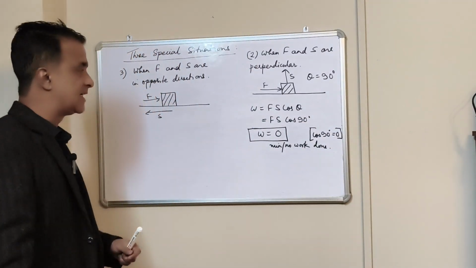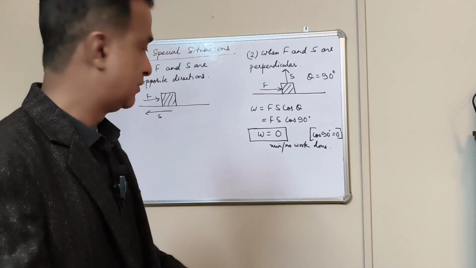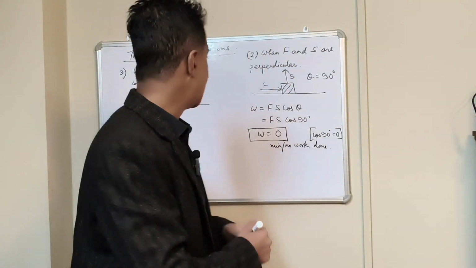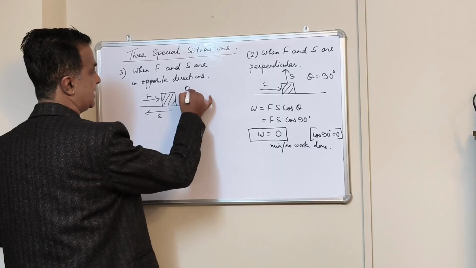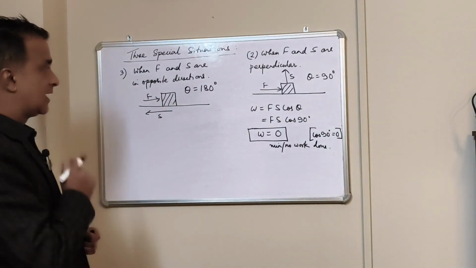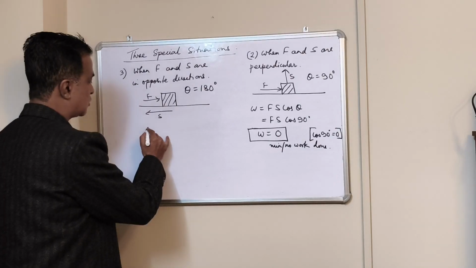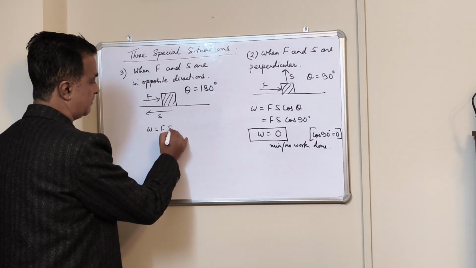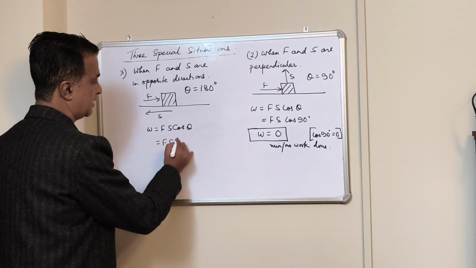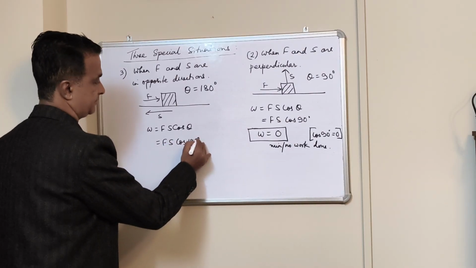Now, since force and displacement are in opposite direction, the angle between them becomes 180 degrees. So in this case, theta is equal to 180 degrees. Now let's see how much work has been done. According to the general expression, W is equal to Fs cos theta. So here it becomes Fs cos of 180 degrees.